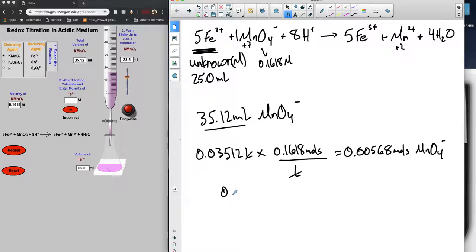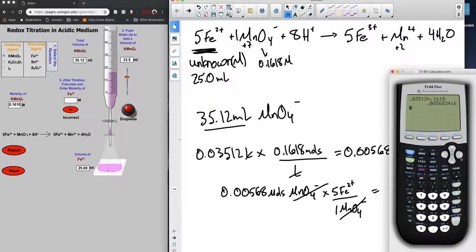So I'm going to take my moles of permanganate, 0.00568 moles of MnO4 minus, and I'm changing that into what I want. So I have 5 iron 2 pluses here for every one single permanganate ion that I have. We'll cancel those out.